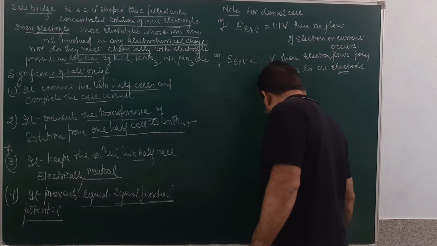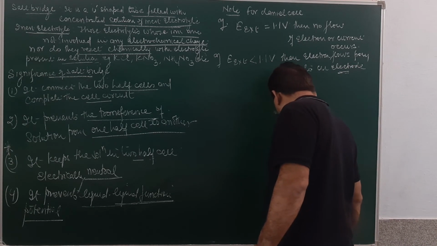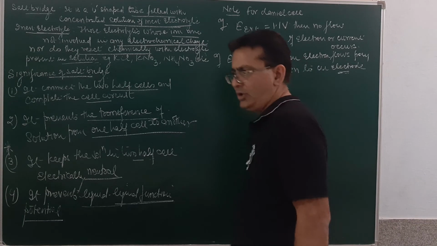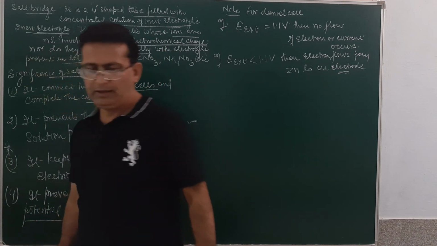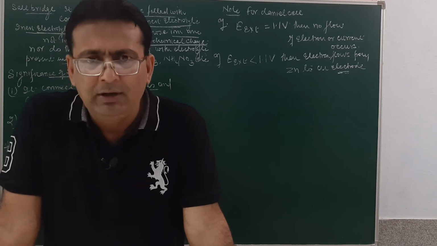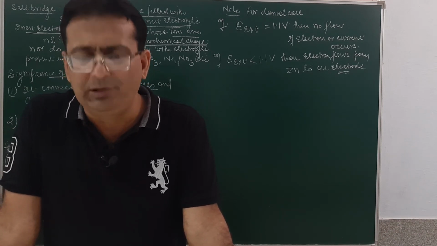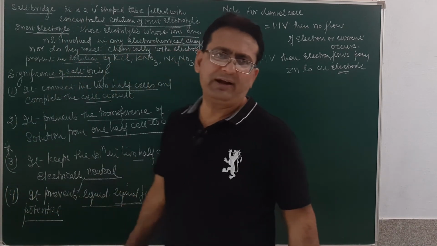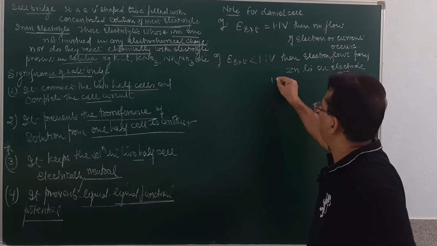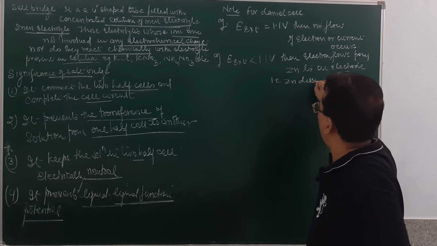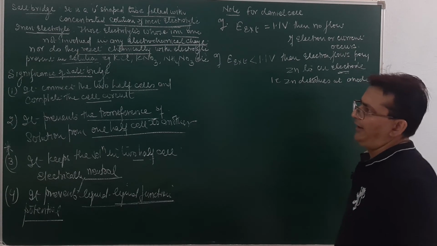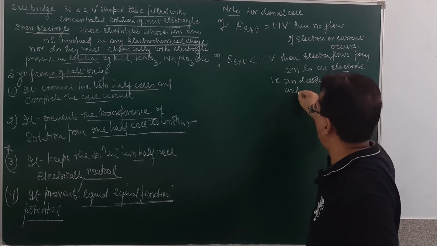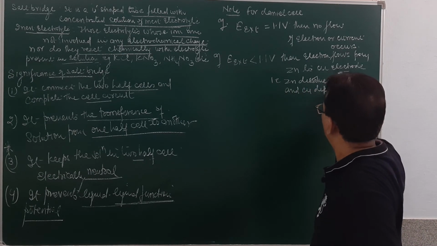Electron flows from zinc towards the copper electrode. It means when electron flows from zinc, zinc dissolves at the anode and copper deposits at the cathode.